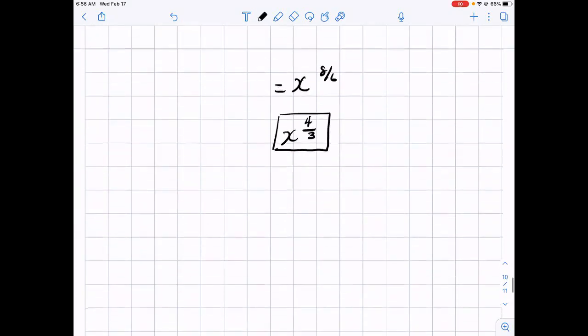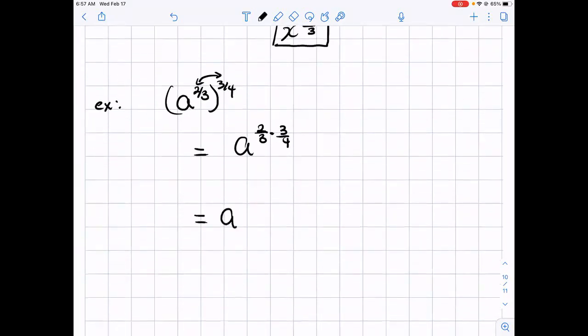Example, if we have a to the 2/3, and we raise that to the 3/4, well, this is the same as if we write a, and remember we always multiply, so 2/3 times 3/4. So we have a, 2 times 3 is 6, and 3 times 4 is 12.